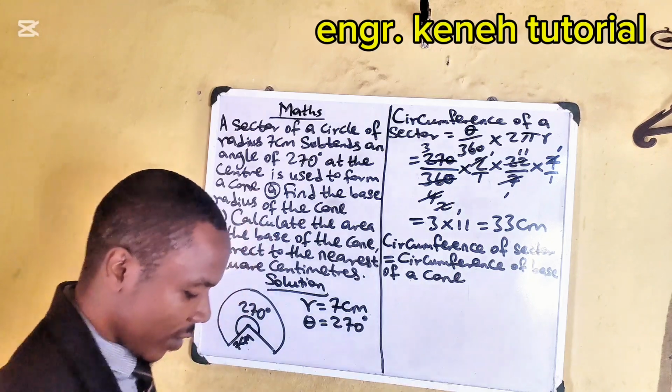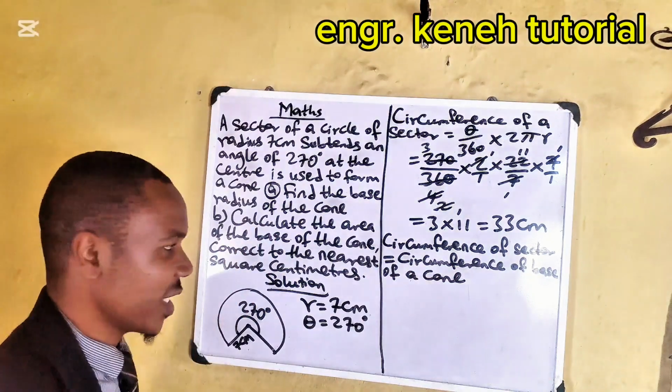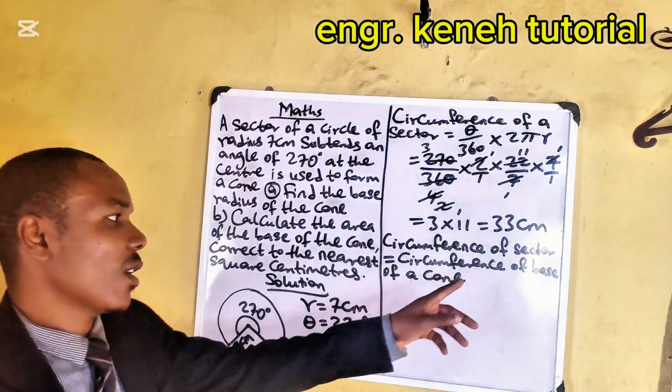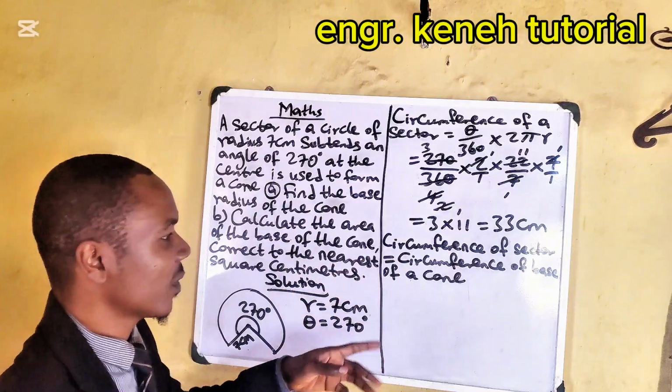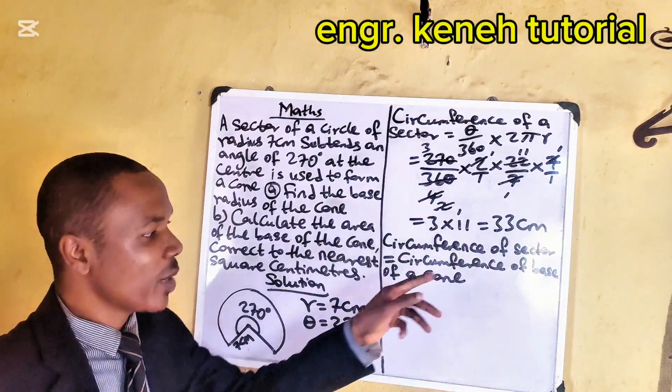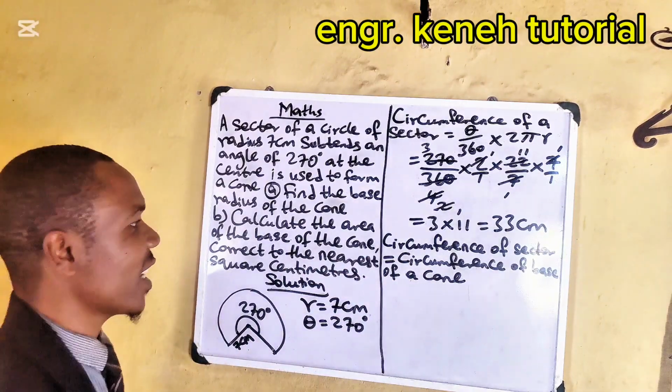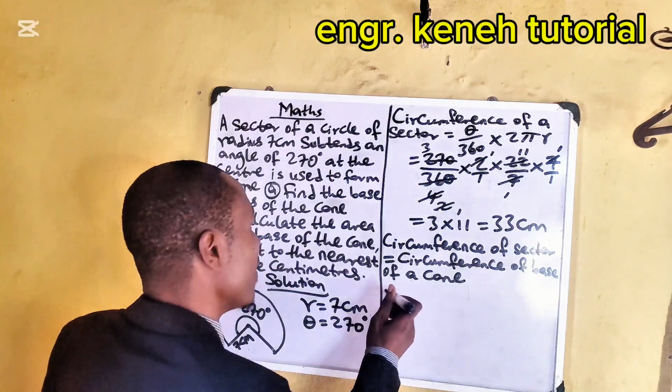Can you see that? Of a cone that is formed from this. Is it clear? The circumference of the sector of the circle is equal to the circumference of the base of the cone that will be formed using that. Right, so we have this.